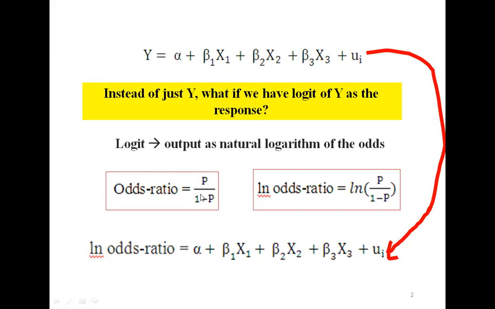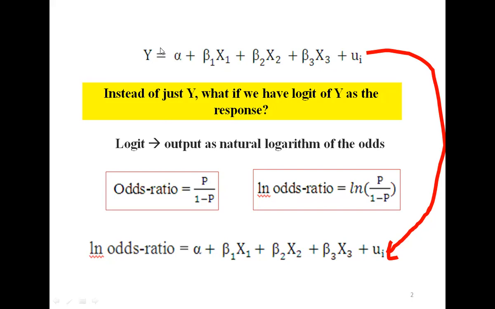Then 1 minus P is the probability of the event not happening. Then when we say log of odds ratio, we always mean natural log. That is why logit is called the natural logarithm of the odds. So it is nothing but log of P upon 1 minus P.